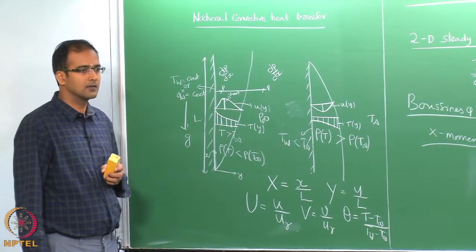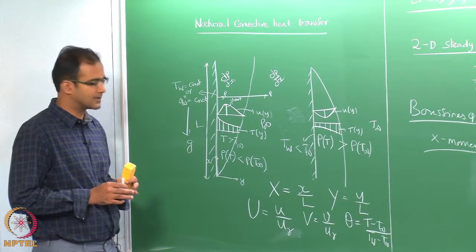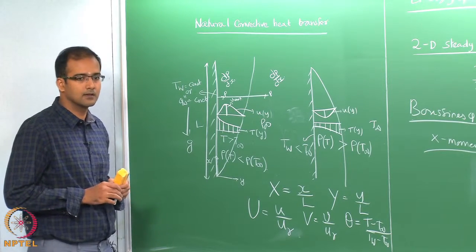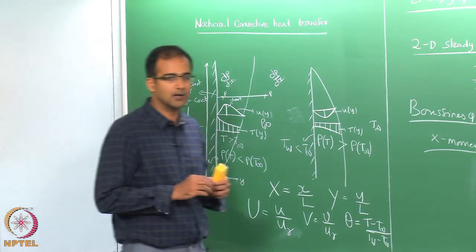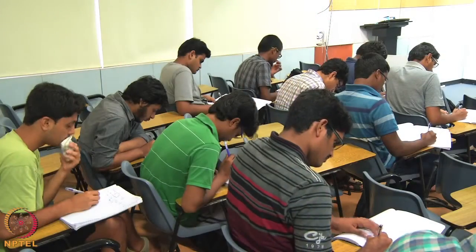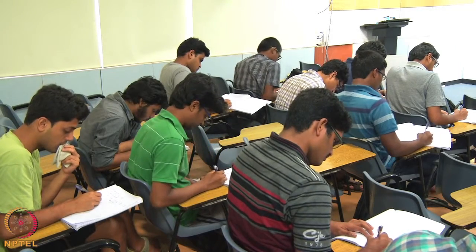All right. I will give you about 5 to 10 minutes, you please substitute this into the governing equation and find out what the non-dimensional groups are. I will write the final expression on the board, but you please work it out and check.